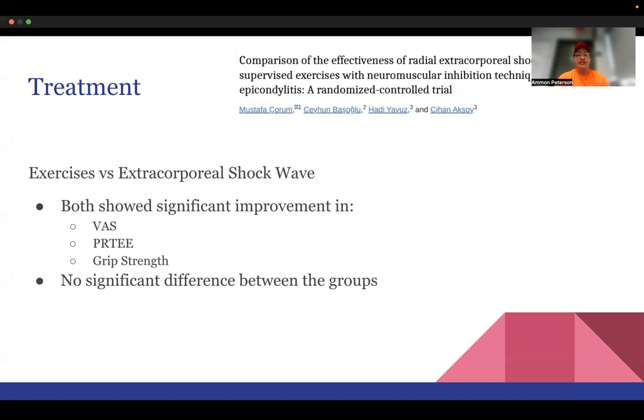And exercises, they did 3 times a week for 3 weeks, and it was mainly dealing with isometric and eccentric exercises in the elbow. And both showed significant improvement in the VAS scale, again in the PRTEE, and grip strength with the dynamometer. And there was no significant difference between the 2 groups.